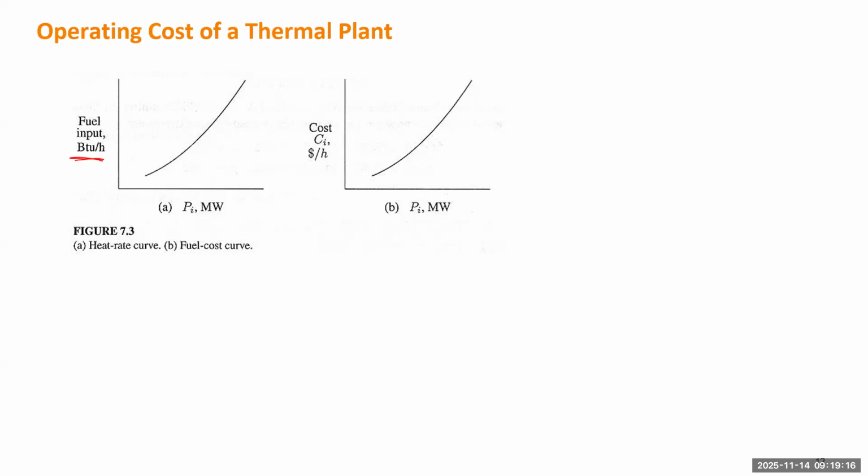The X is the output of the generator. If you want the generator to generate power at this value, that will be the speed at which we want to provide the fuel. Now if you want to increase the generation, the fuel speed will be higher, right? That's pretty reasonable.